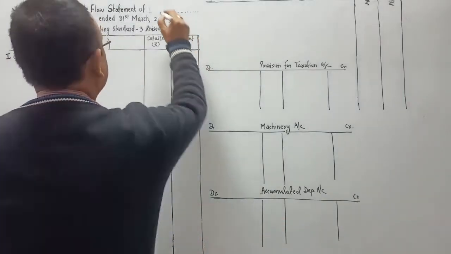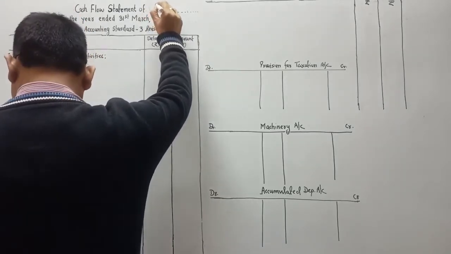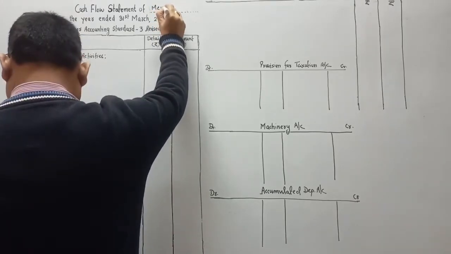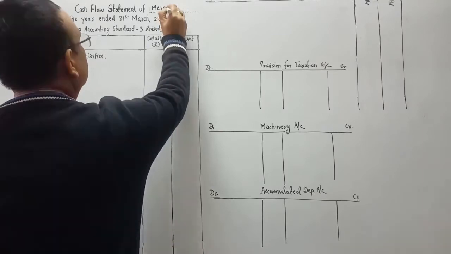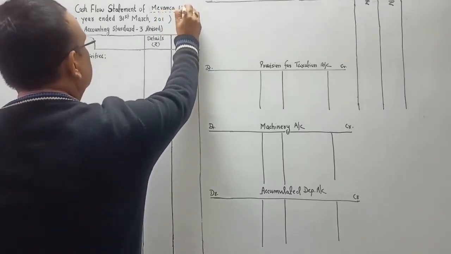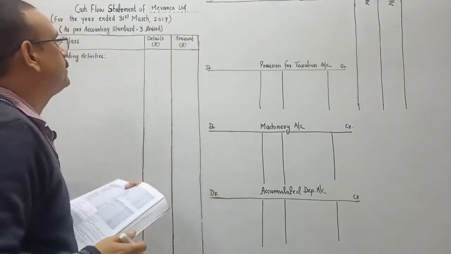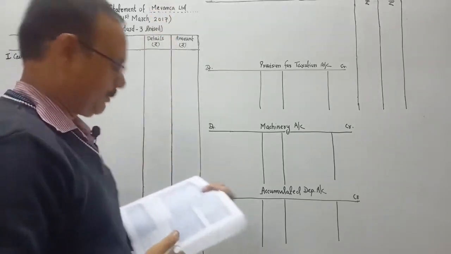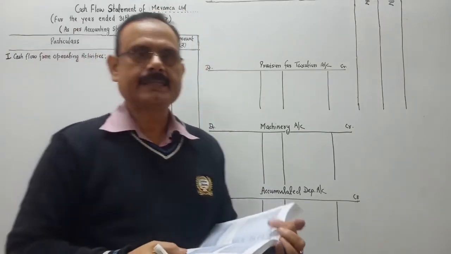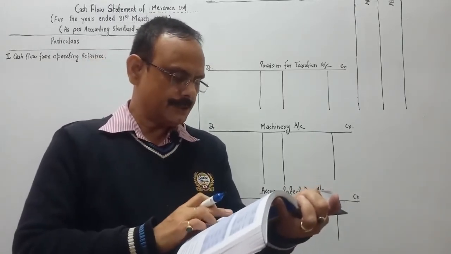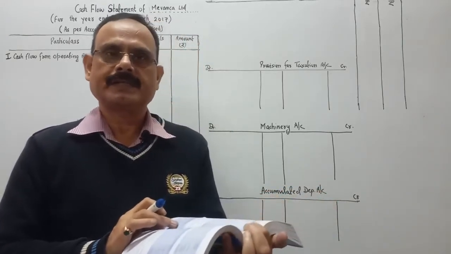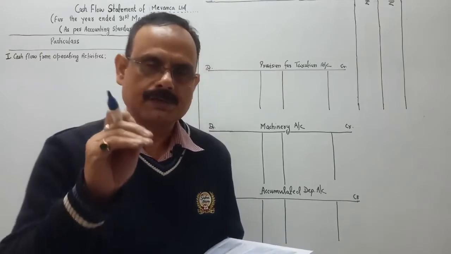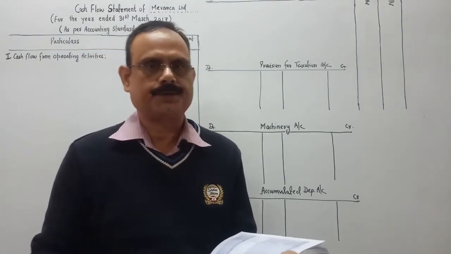You write the cash flow statement of Mavenka Limited. 31st March 2017 is the current year. Two consecutive years' information is given in the balance sheet.